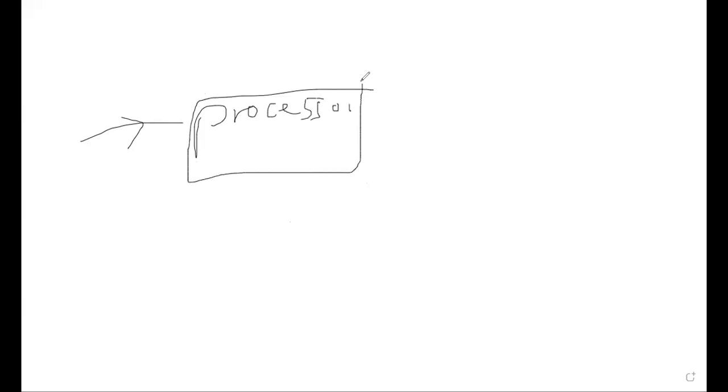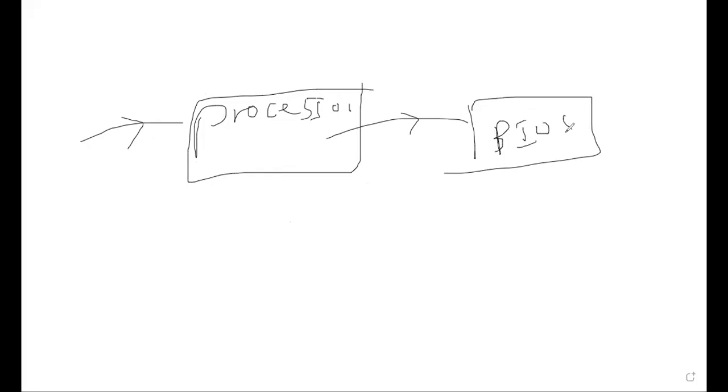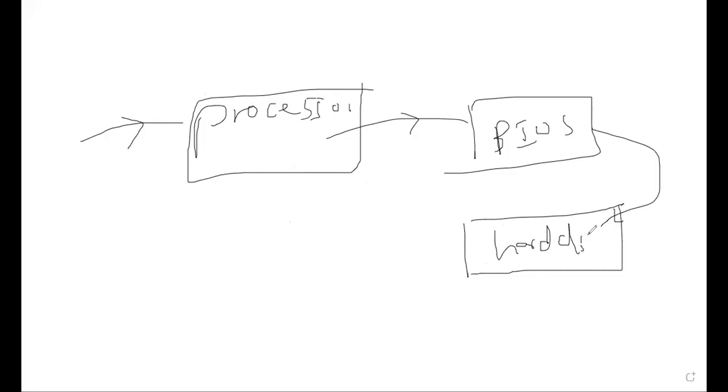Now, guys, first what will happen? I told you the processor will start processing. Then it will pass it to BIOS. BIOS is going to check for the bootable devices and it will figure out the hard disk. Then, I told you on the first few sectors of our hard disk, we have got the MBR, Master Boot Record, or GPT.